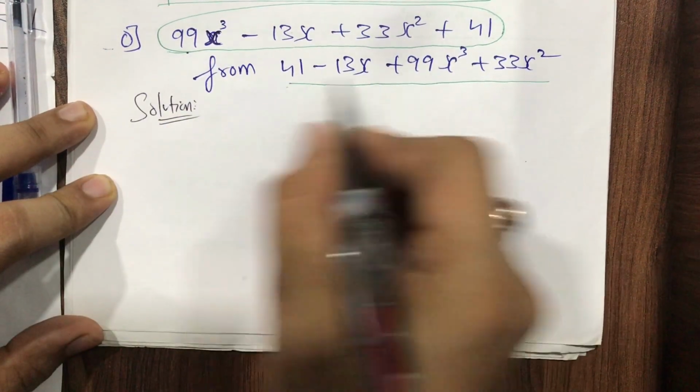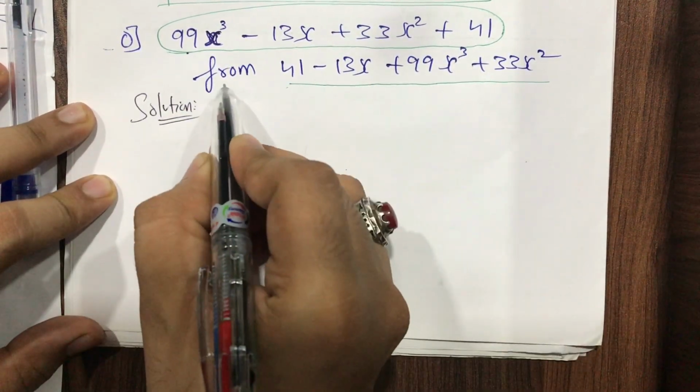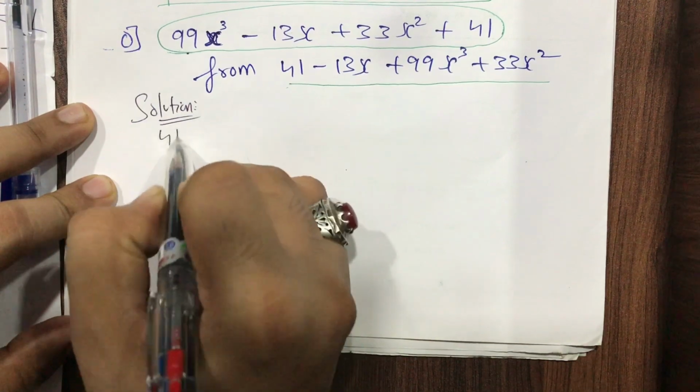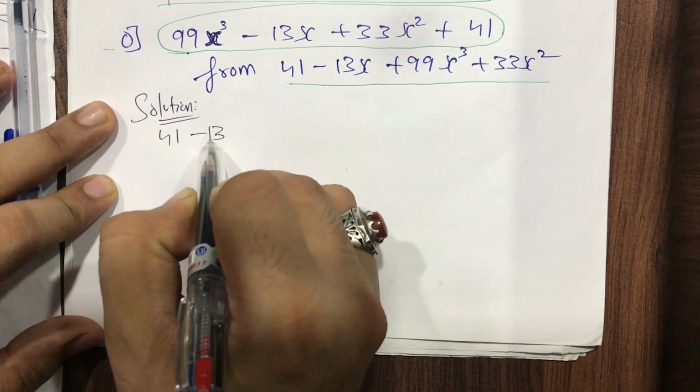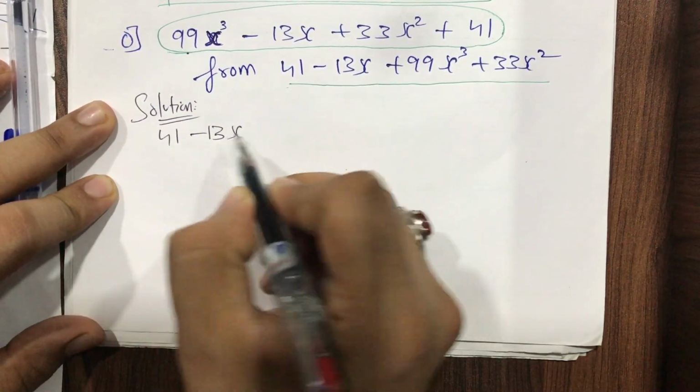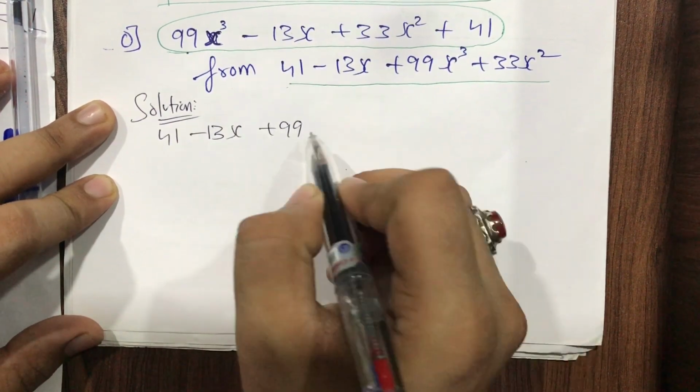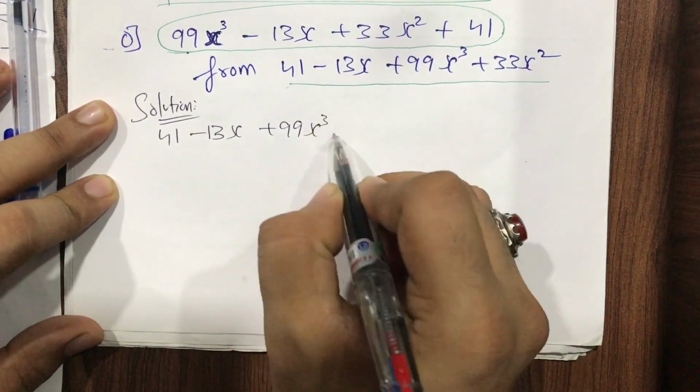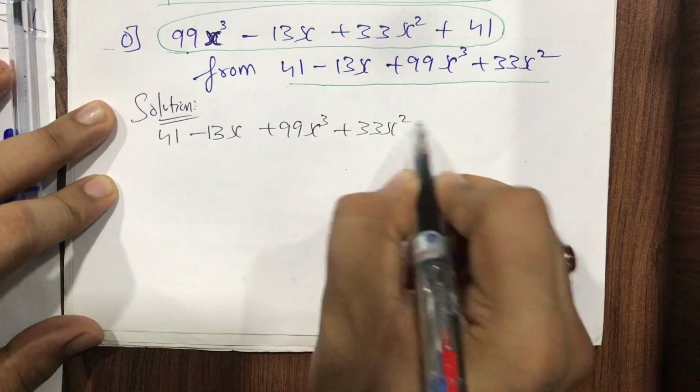I'll write this first, the polynomial associated with the word from. So this is 41 minus 13x plus 99x cube plus 33x square.